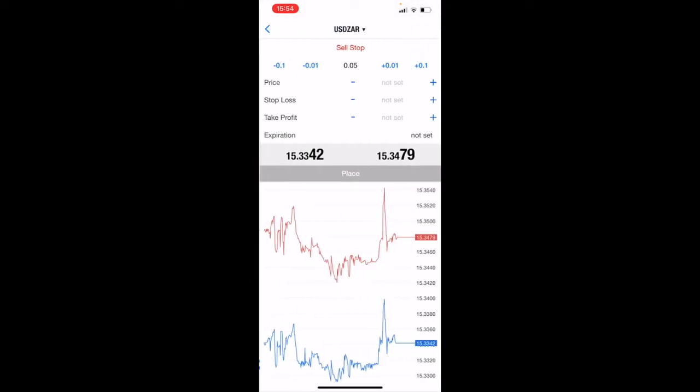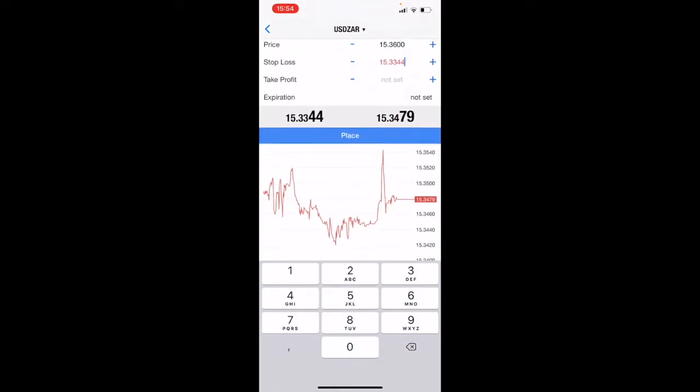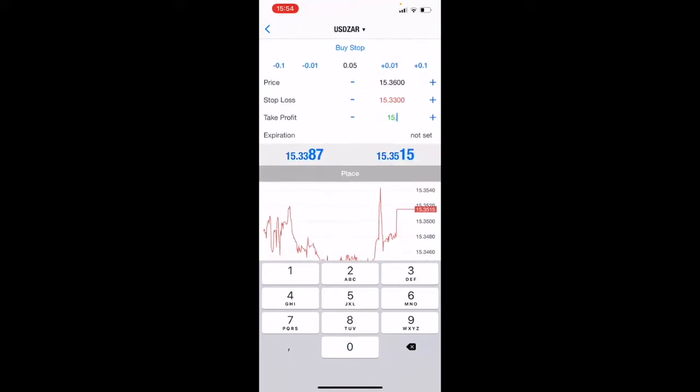So you trade buy stop, not sell stop, buy stop, 15.3600. Now obviously your stop loss needs to be below. So let's just do this. It's just an example, it's not actual.